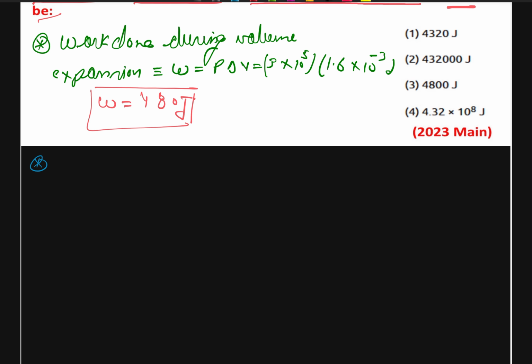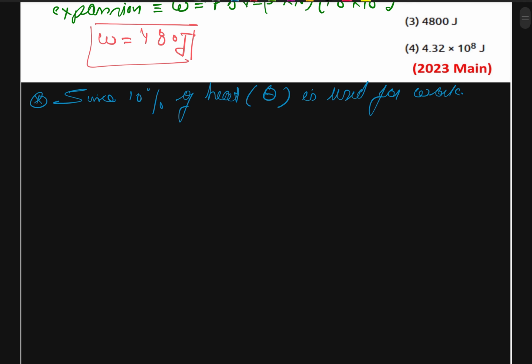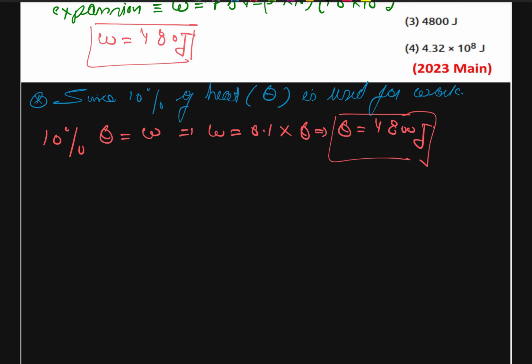So we can use that 10% of heat, suppose that heat is given as Q, is used for work, and this statement can be written in the form of the equation that 10% of Q will be giving us the work done, or we can say that work done will be equal to 0.1 times Q. From here we can say that Q will be equal to 480 multiplied by 10, giving us 4800 joules. So we found out the amount of heat.